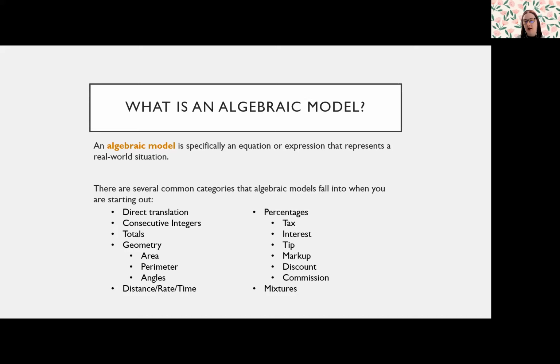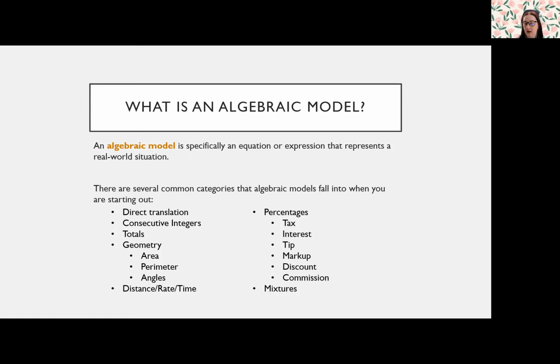We've got direct translation problems where you are taking whatever you've got written in English and translating it directly to mathematics, and that relies on understanding what the words mean and what symbols they're referring to.